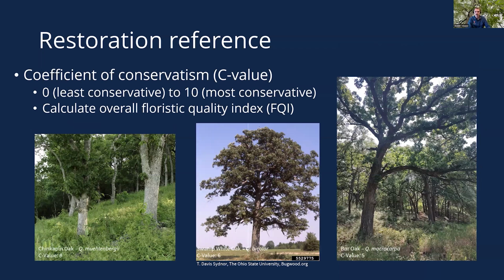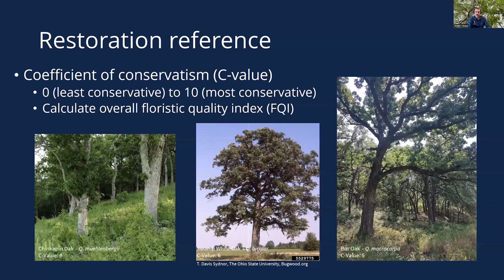When we think about a restoration reference, one useful aspect to consider is this idea of a coefficient of conservatism. And this is a value assigned to all native species within the state of Illinois that essentially describes how conservative or not the species is.